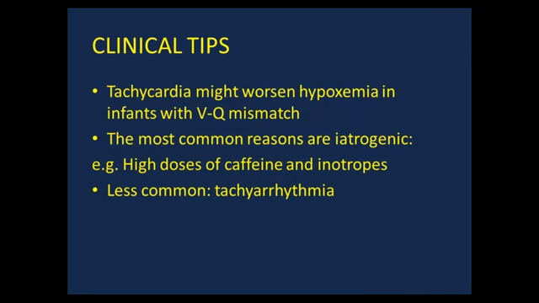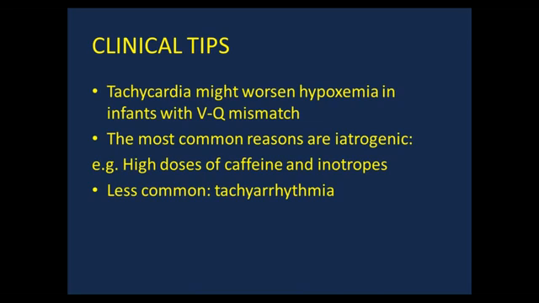Clinical tips from the previous slide. Tachycardia might worsen hypoxemia in infants with ventilation perfusion mismatch. The most common reasons are iatrogenic, for example, high doses of caffeine or inotropes. In this situation, you have to wean the inotrope.